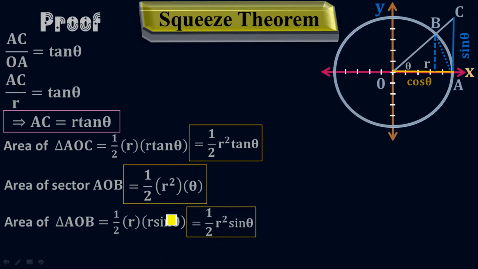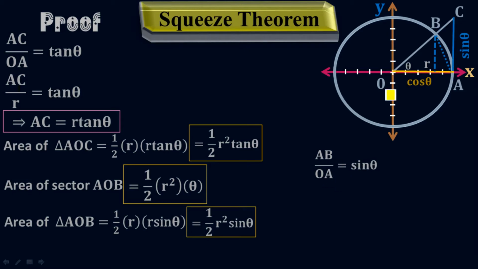But how did I get r sine theta? Let me explain. We know that AB over OA equals sine theta. The perpendicular from here up to here, AB over AO, is called sine theta. Look, I'm not talking about AOC. I'm talking about triangle AOB. So perpendicular AB over base OA equals sine theta.